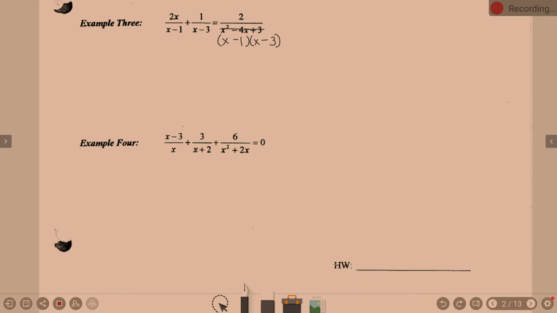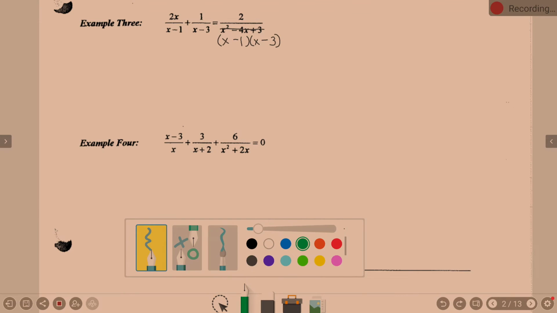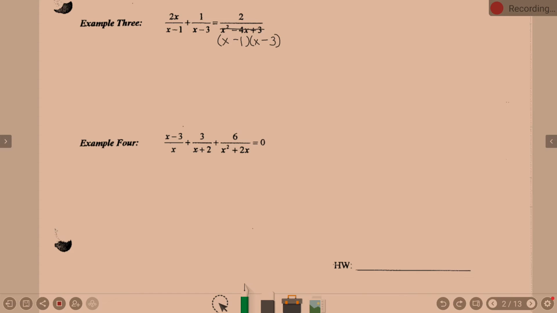Okay, I'm not going to say it always matches up, but it definitely happens quite often. Okay, so thoughts? I have denominators of x minus 1, x minus 3, and then x minus 1, x minus 3. What do I do? How do I get rid of my denominators here? What am I going to have to multiply by?